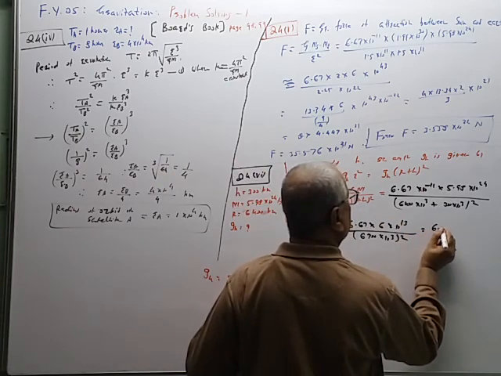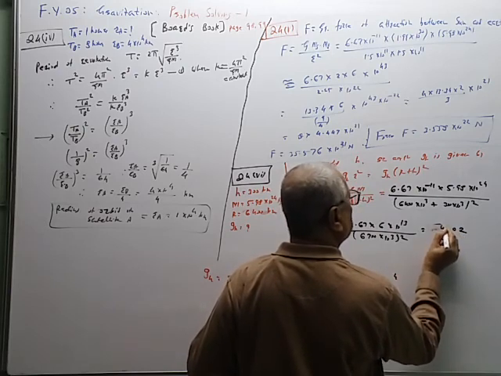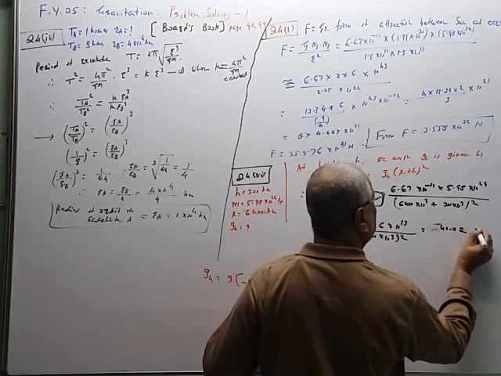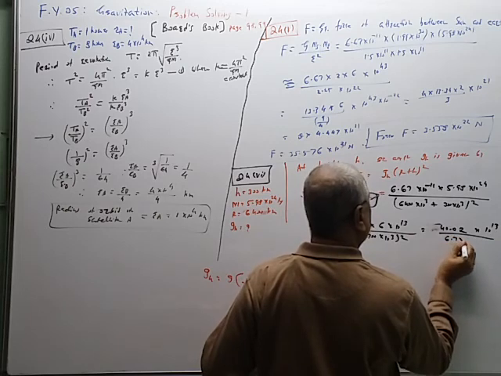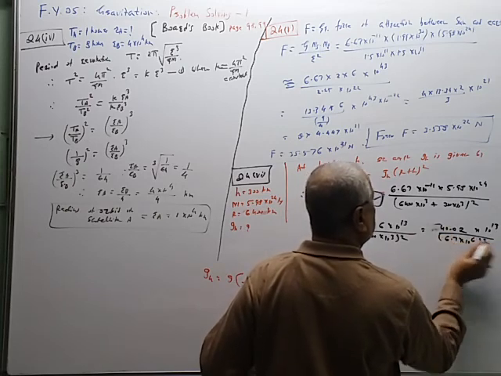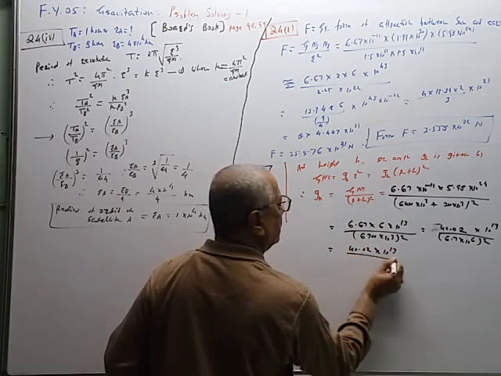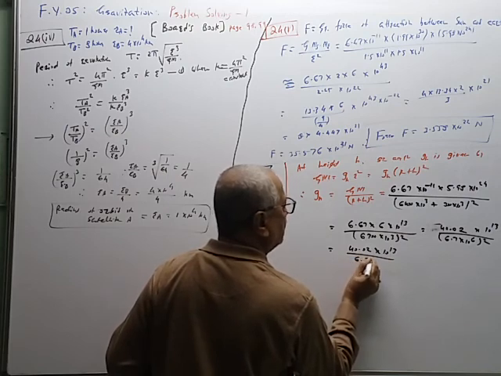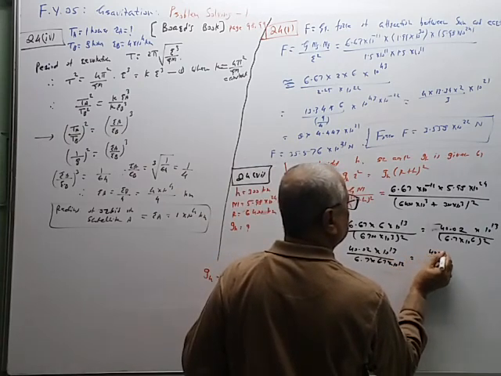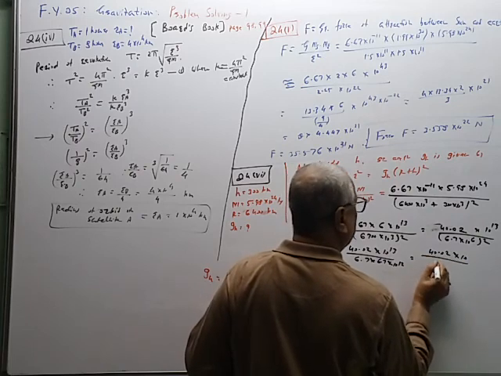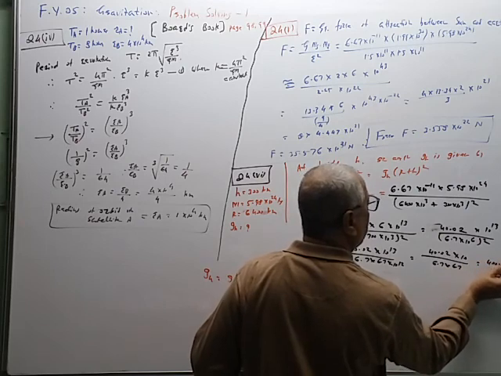So 6.67, I will multiply this. So 40.02 into 10 to 13 upon 6.7 into 10 to 6 whole bracket square. So 14.02 into 10 to 13, 6.7, again 6.7 into 10 to 12. So 400.2 upon 6.7 multiplied by 6.7.